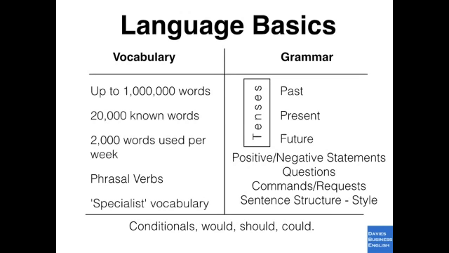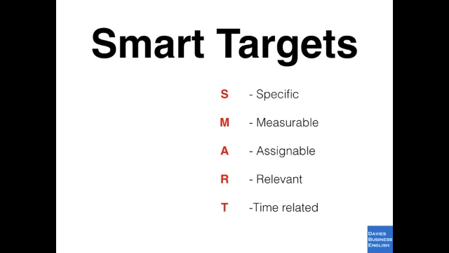So now that we have broken it down into small pieces, we need to choose what parts to work on. Let's talk about targets and use an idea called SMART targets.